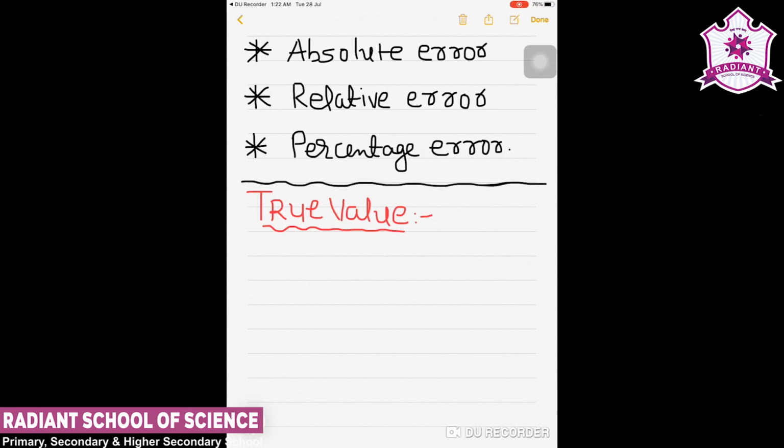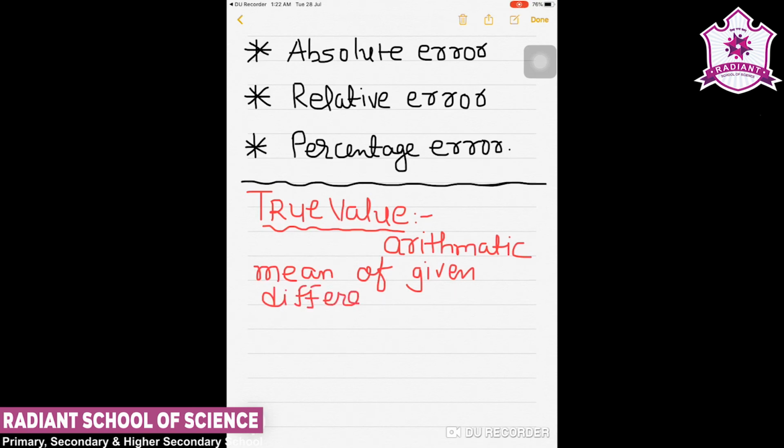So actually, the arithmetic mean of given different readings is called the true value. So this is the first thing.